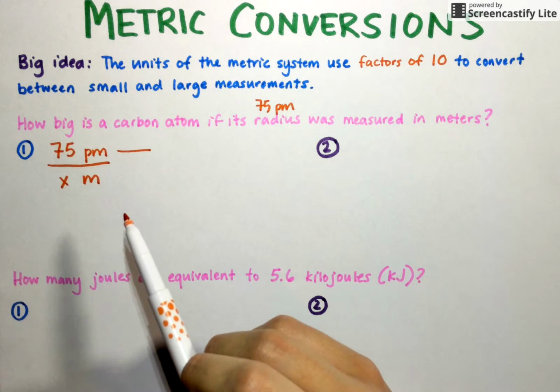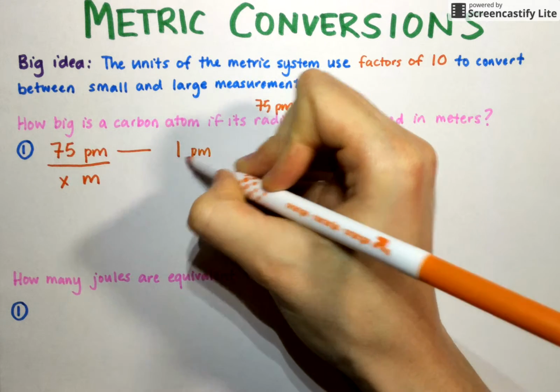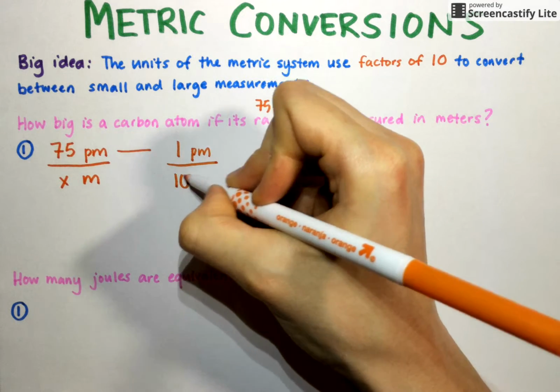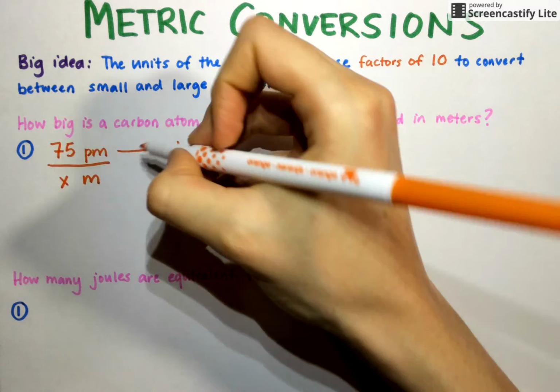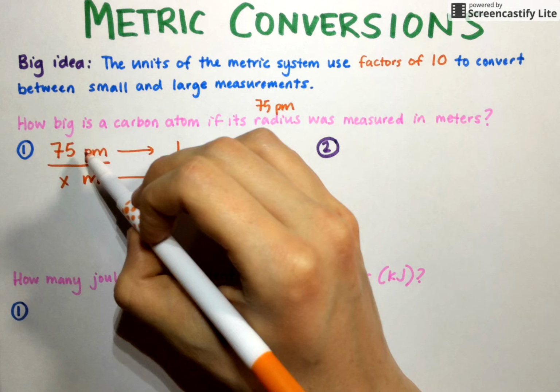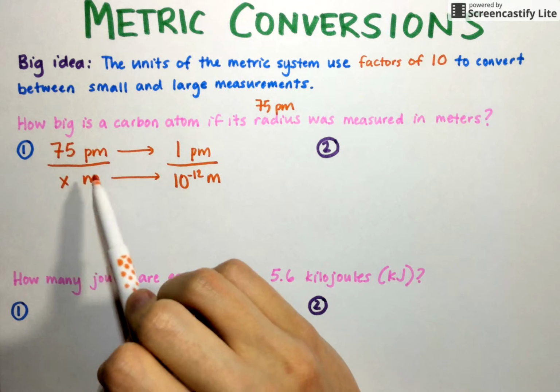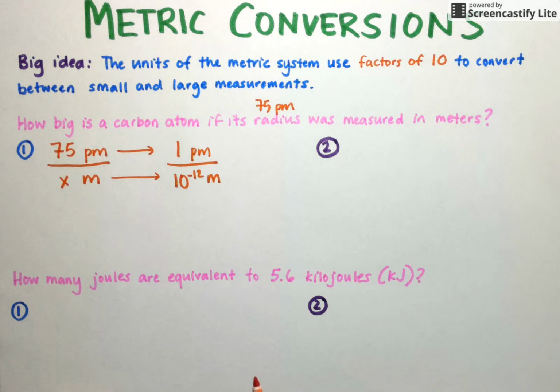What I do know from table C is that 1 picometer is the same thing as 10 to the minus 12th meters. So it's kind of like we're wondering, all right, if I know this, and I've changed it to this, and I know this, I should change it to some corresponding number. From here, you can just cross-multiply to figure out what your x might be.